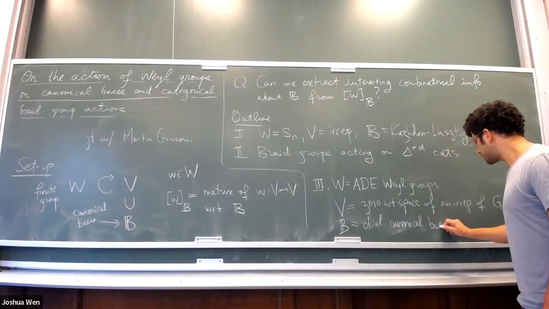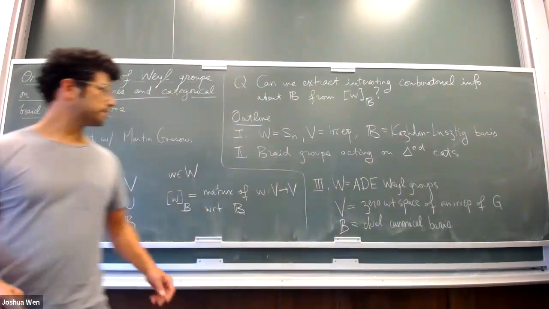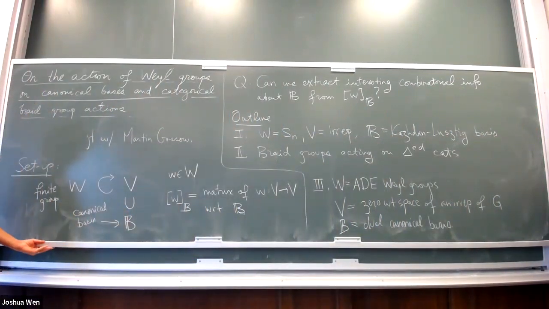So everything I'm going to say in the first part of the talk has a direct generalization to this level of generality. Okay, so that's what I'm going to talk about.